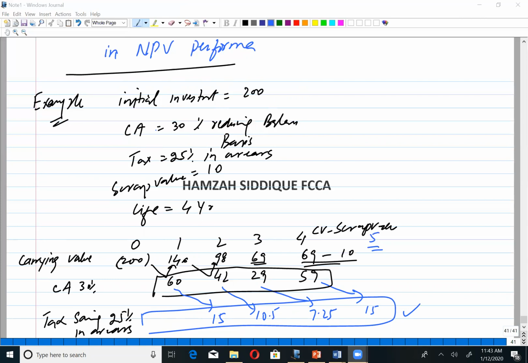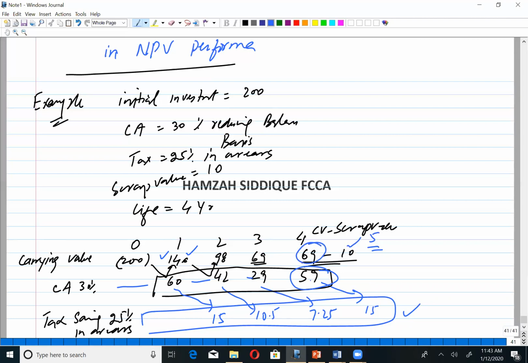Okay, let's see here. I'm going to explain your question as well. Reducing balance basis, we calculate the carrying value every year, 30% of it, capital allowance. This is clear. The question is, why have we not calculated 30% in the last year? Because the project has a 4-year life, the whole carrying amount will be scrapped. That will be lost. We will be getting only 10. It was 69.